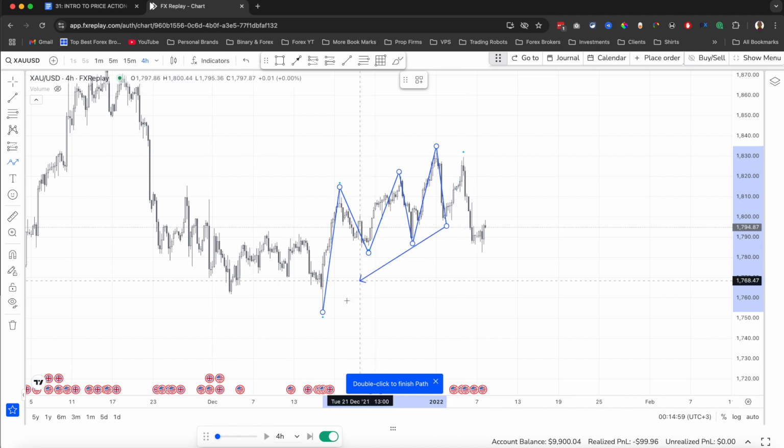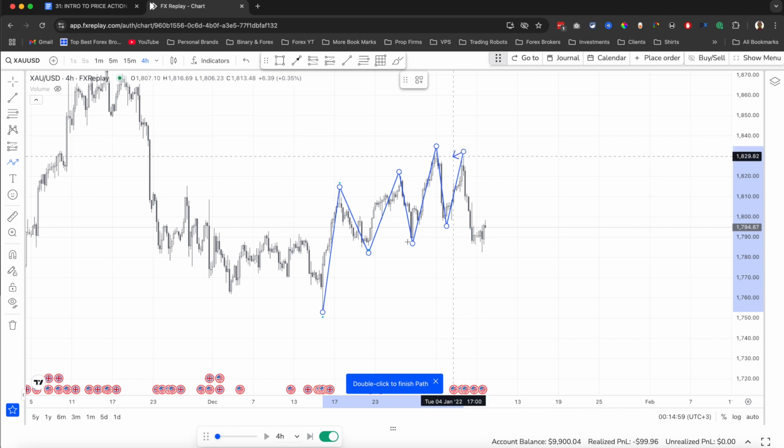Because this low took out the previous high, then this low took out the previous high, but this low did not take out the previous high. So that means there is a potential of a reversal. We say potential because we still don't know if it's a reversal or not. But now we see that it is not a potential anymore, it's now a reversal.